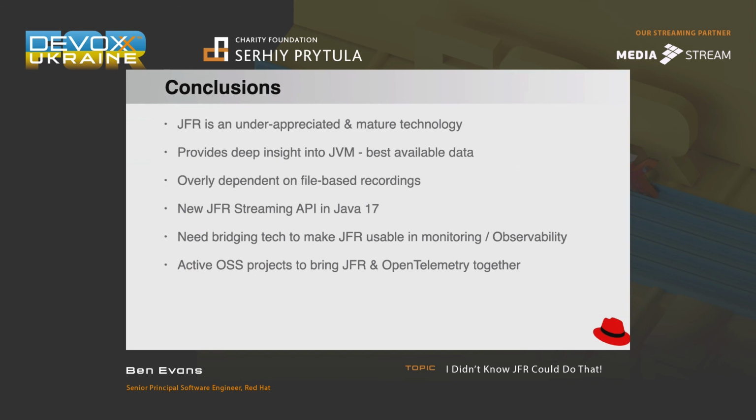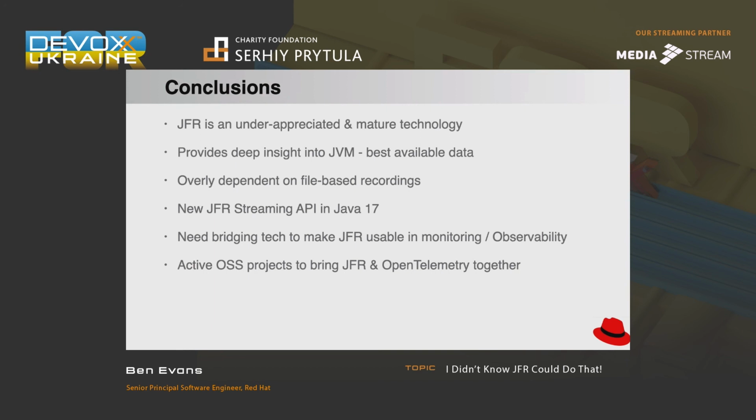So my conclusions overall: JFR is underappreciated, but very mature. It provides the best available data that we have in terms of performance and telemetry for the JVM. Historically, it's been overly dependent on file-based recordings, but there is a new streaming API.